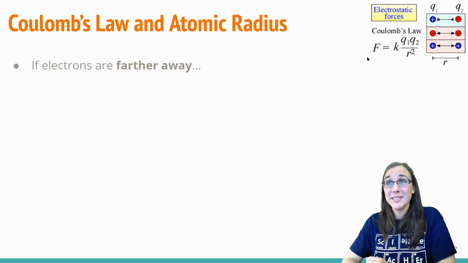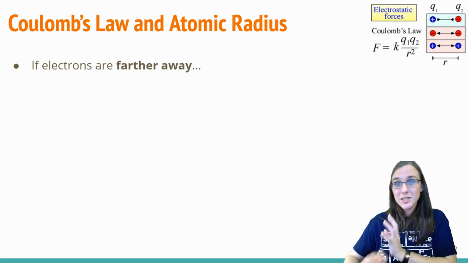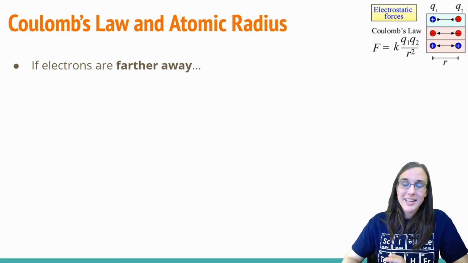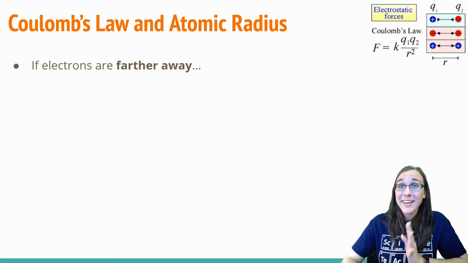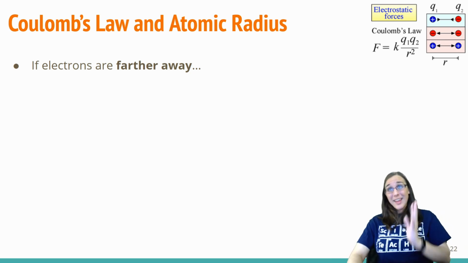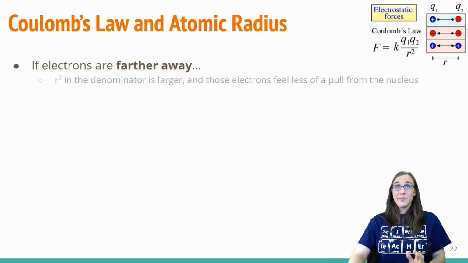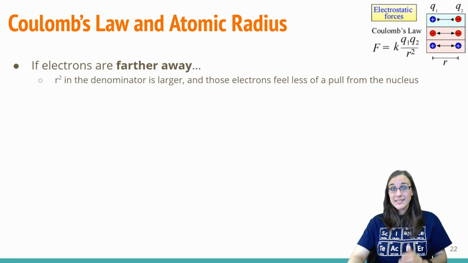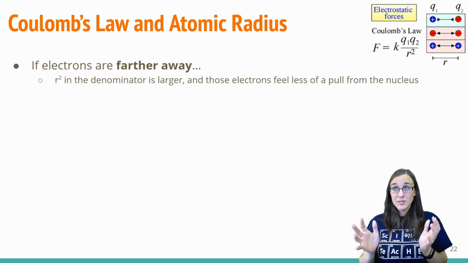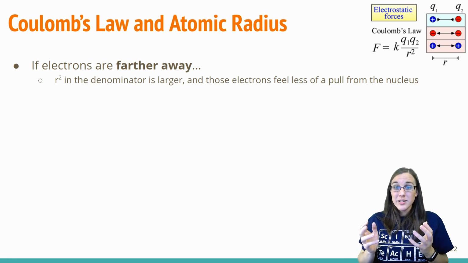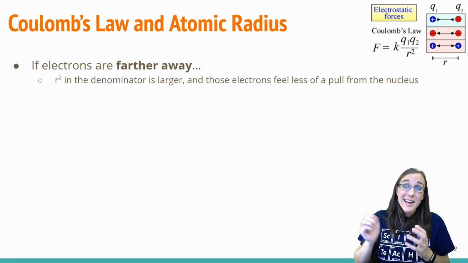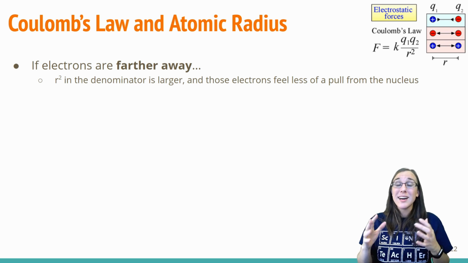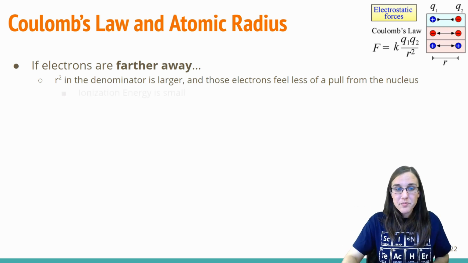Let's take a look at this. I'm not big on just spouting out numbers and trying to calculate in my head and things like that, so I like to see it. So if electrons are farther away, then what we say is that the r squared in the denominator is a big value. Those electrons will feel less force, less pull from the nucleus because they're farther away.